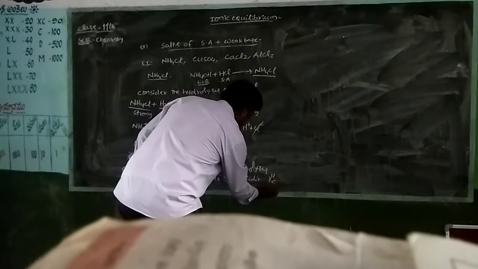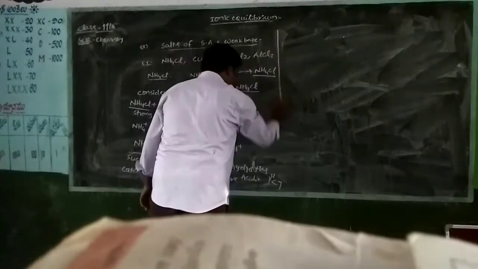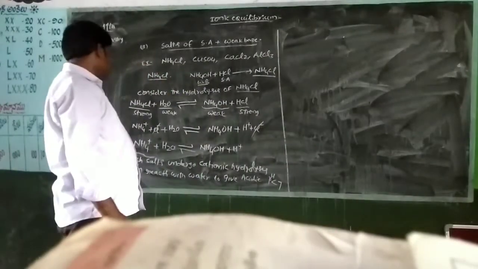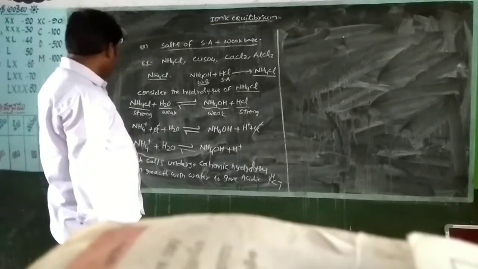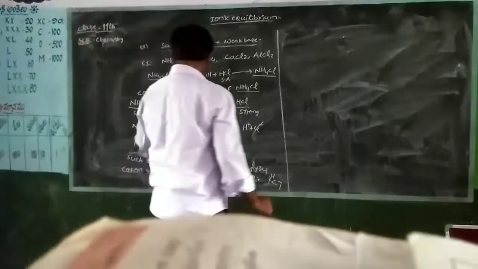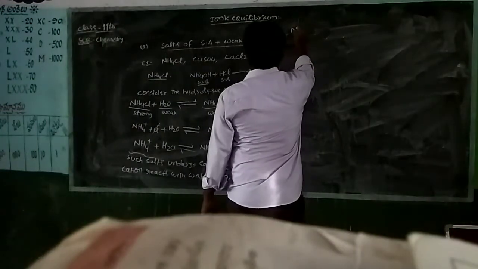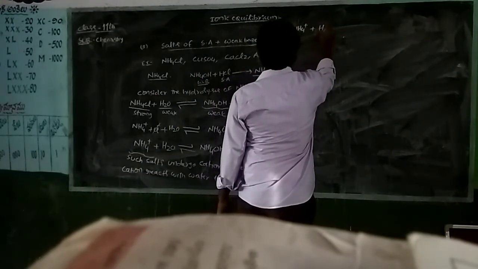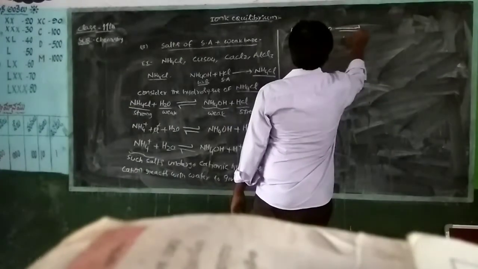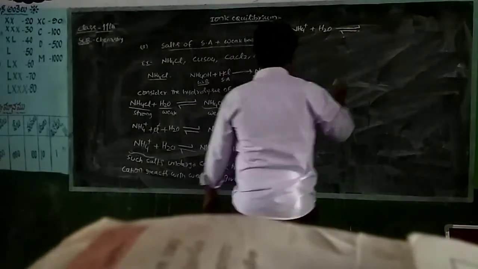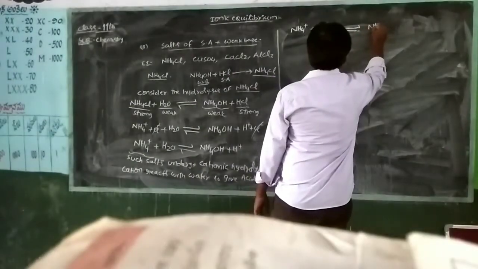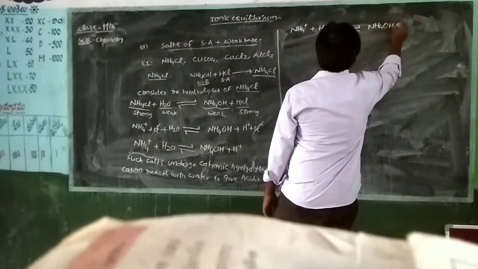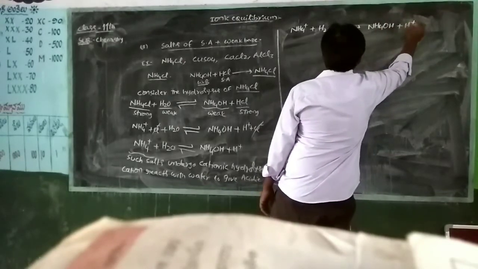Less than 7. pH is less than 7. Okay, NH4 plus reacts with H2O, reversible reaction, NH4OH plus H plus.